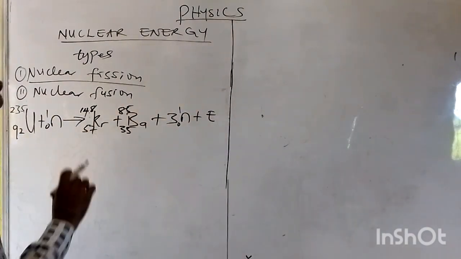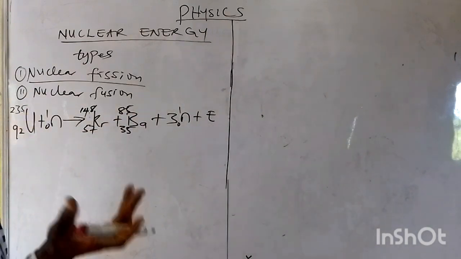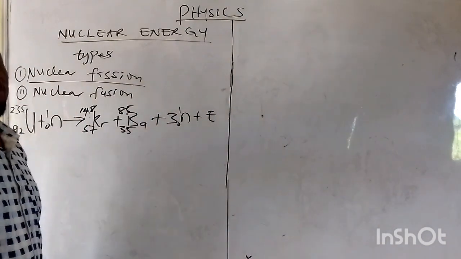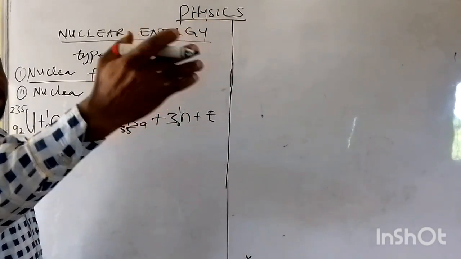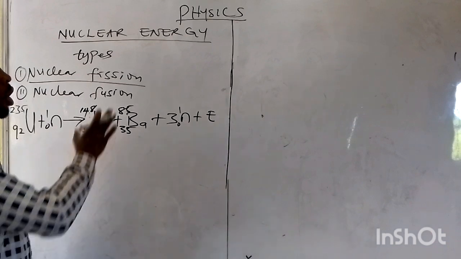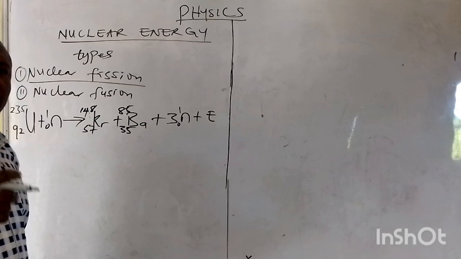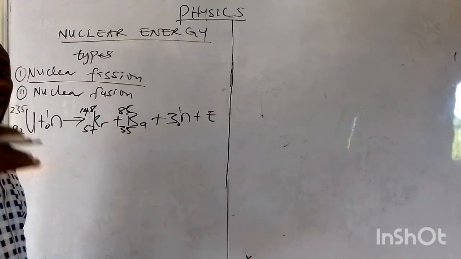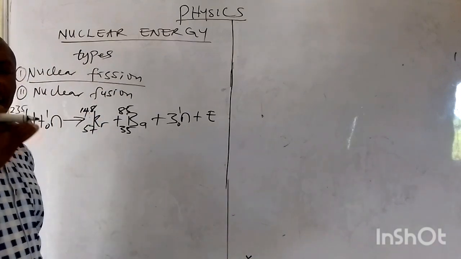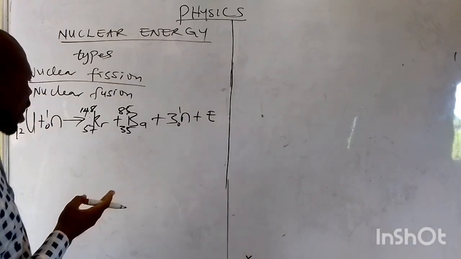This fission neutron produced, care must be taken so that they don't cause further fission process if they hit other materials. So in other words, in order to carry out nuclear fission, it must be carried out in a nuclear reactor. In our next video, we'll look at what a nuclear reactor looks like and the component parts of a nuclear reactor.